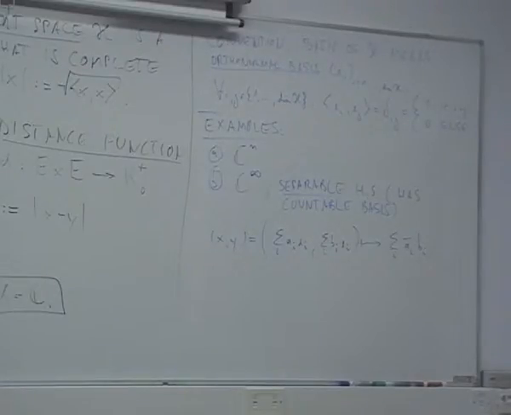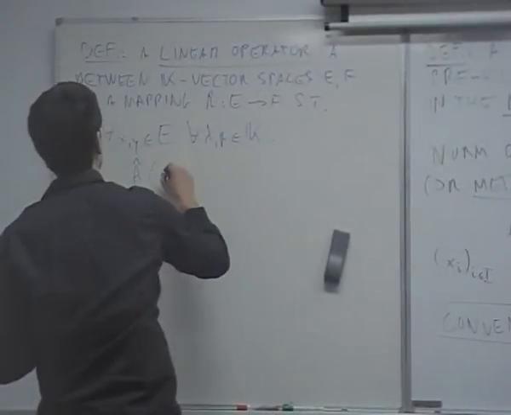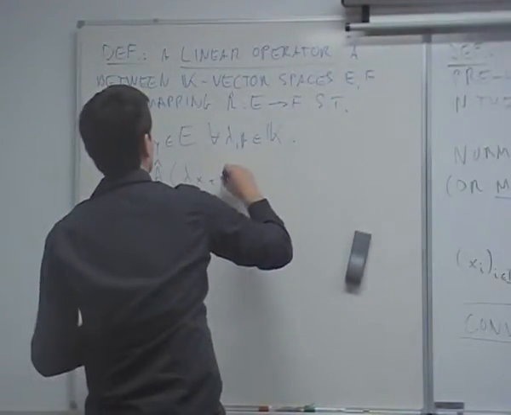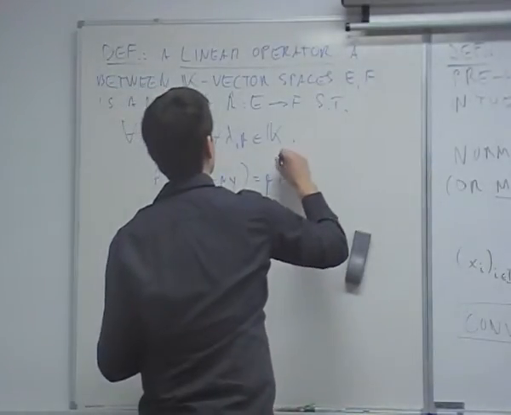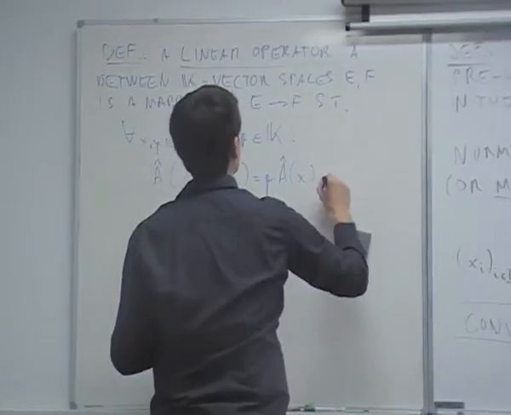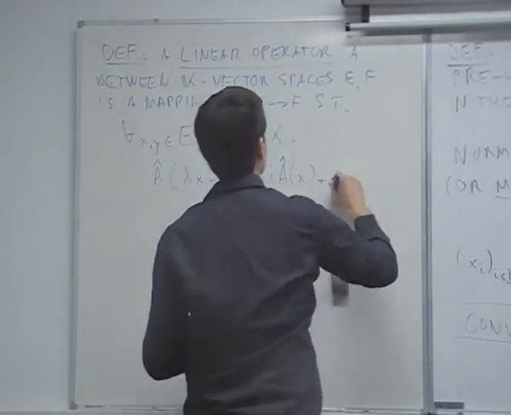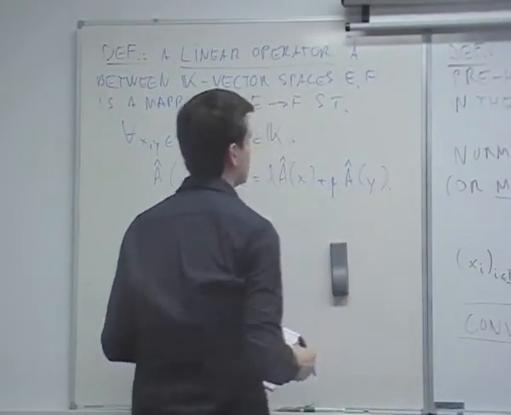And of course, sorry, I should also say for all lambda and mu in K, we have the following: A applied to lambda x plus mu y is lambda A applied to x plus mu A applied to y. That's a linear map.